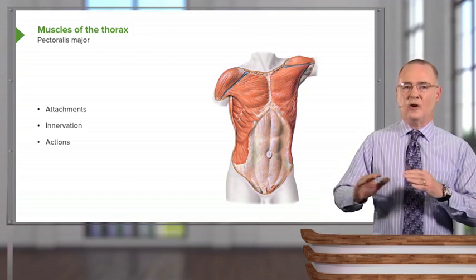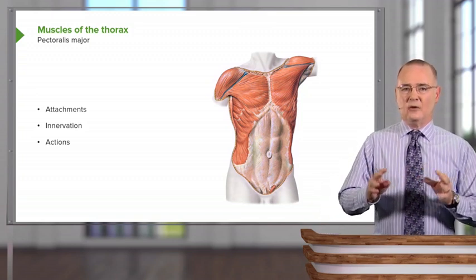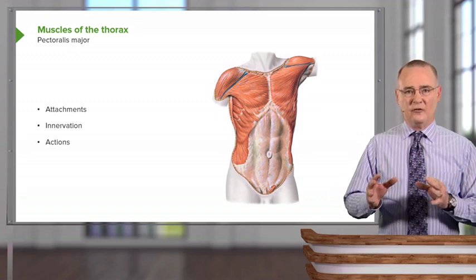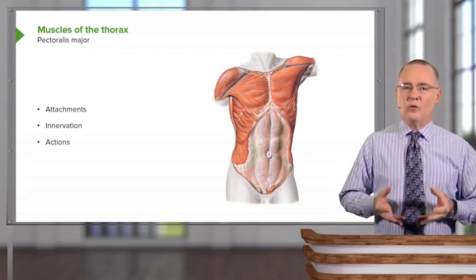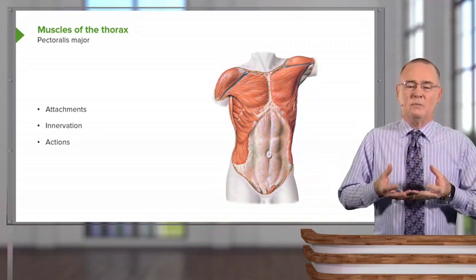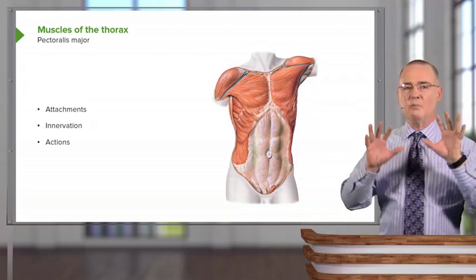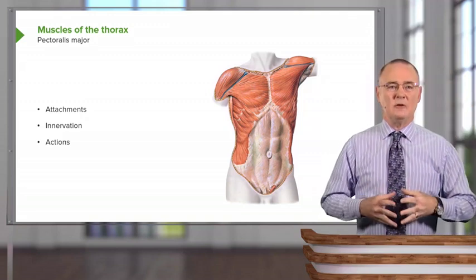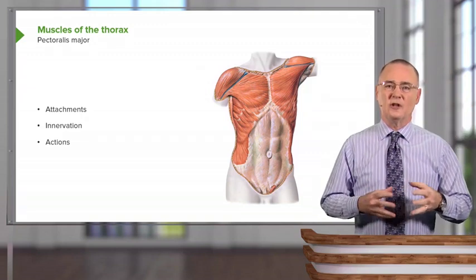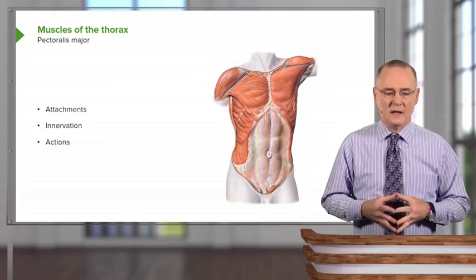And if your arms are above your head, the pectoralis major muscle on both sides will help pull the trunk of your body up toward your arms. So if you're into rock climbing and you have your hands above your body, the pectoralis major in association with the latissimus dorsi will help pull your trunk back toward your humeri.